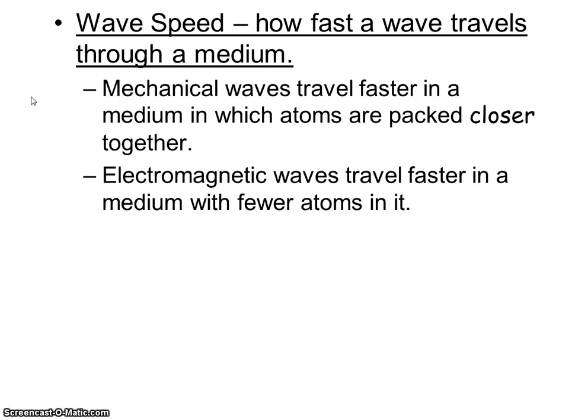So electromagnetic waves travel much slower in a densely packed medium, which is why in the basement of our school you do not get good cell signal on your cell phone, because of all the walls and dirt in the way of the basement, not allowing those electromagnetic waves to travel very easily.